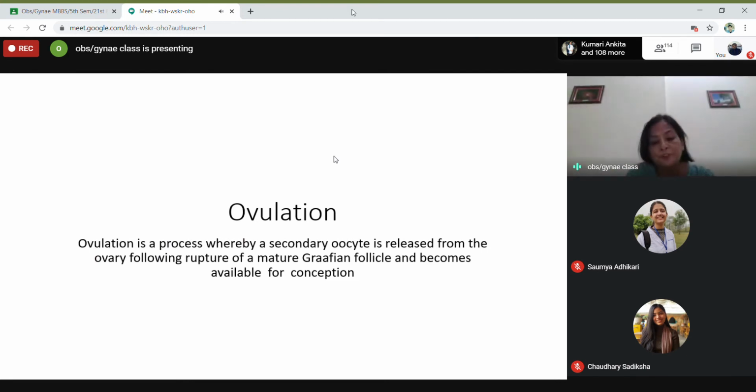Ovulation is the process whereby a secondary oocyte is released from the ovary following rupture of the mature Graafian follicles and becomes available for conception.